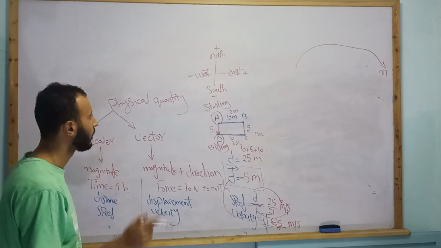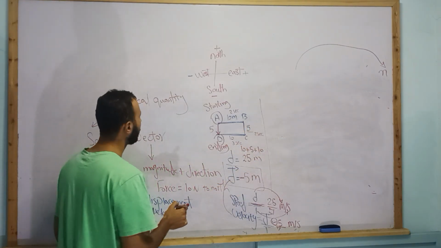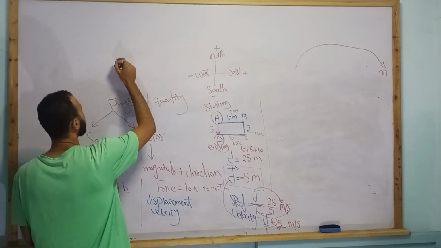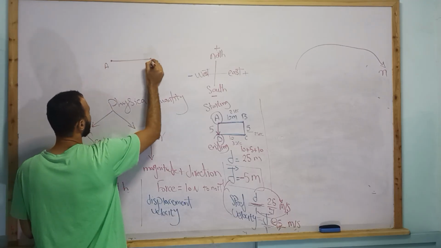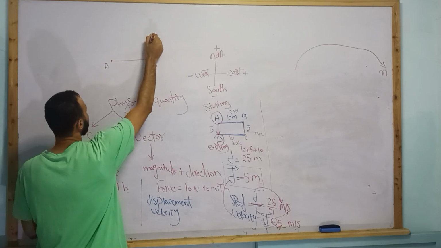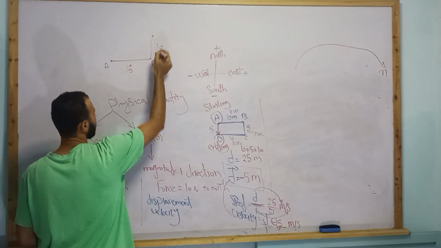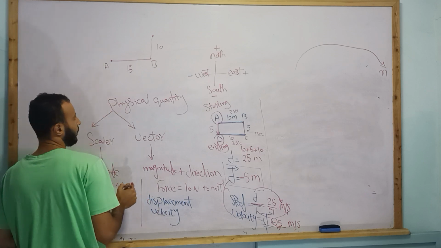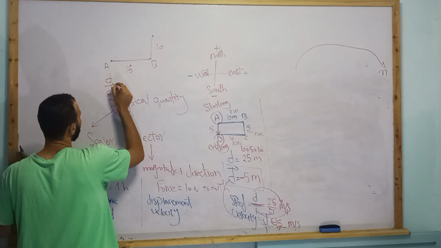That's fine. So let's take another easy example, okay, and let's write it right here. A person moved from A to B to C, and this was 15 and this was 10. So what's the distance and what's the displacement?